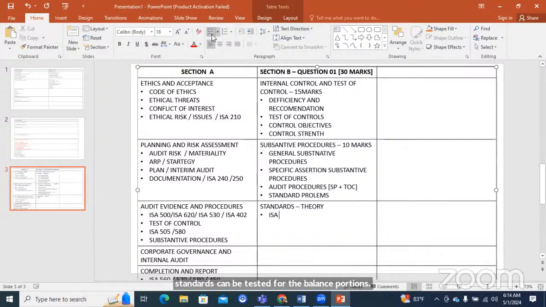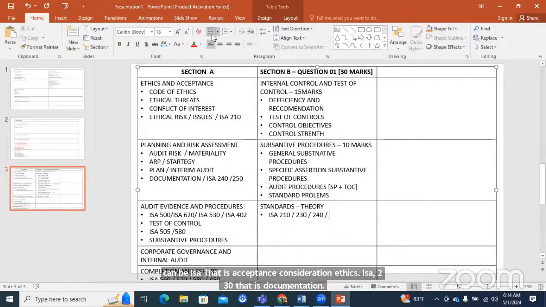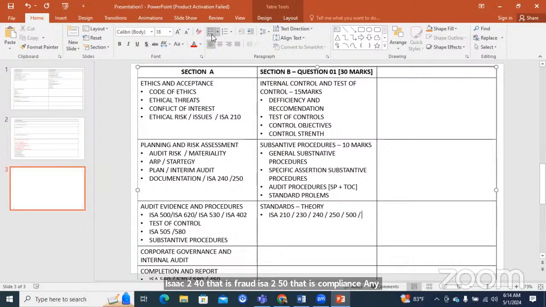That can be ISA 210, that is acceptance consideration, ethics. ISA 230, that is documentation. ISA 240, that is fraud. ISA 250, that is compliance. Any standard can be possible. ISA 500, evidence. ISA 505, confirmation. ISA 580, written representation.